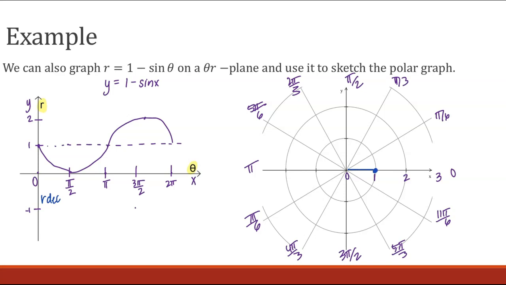So the first directed distance from the pole is 1, and then those directed distances started to get smaller, which means they're getting closer and closer to that pole. Over that first interval from 0 to pi over 2, they're shrinking. So that's why the graph, as we already know because we graphed it already, has that shape that's getting smaller as I curve around from 0 to pi over 2.